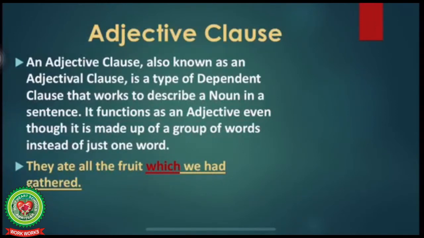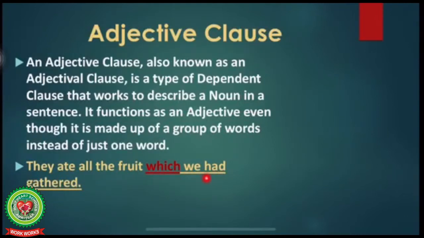Now let us learn to identify adjective clause. So step 1 is to pick out the subordinating conjunction. The subordinating conjunction here is which, and the part that follows is a subordinate clause as it has its own subject we and predicate had gathered.